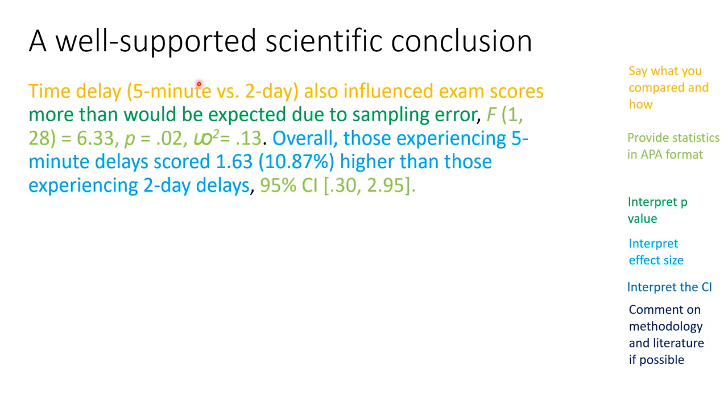So I'm telling what I compared, and then I'm interpreting the p-value, and then I'm providing the statistical information. Now I'm talking about the effect size. Overall, those experiencing the 5-minute delay scored 1.6 higher or 6% or 10% higher than those experiencing a 2-day delay. And then I'm providing the confidence interval.